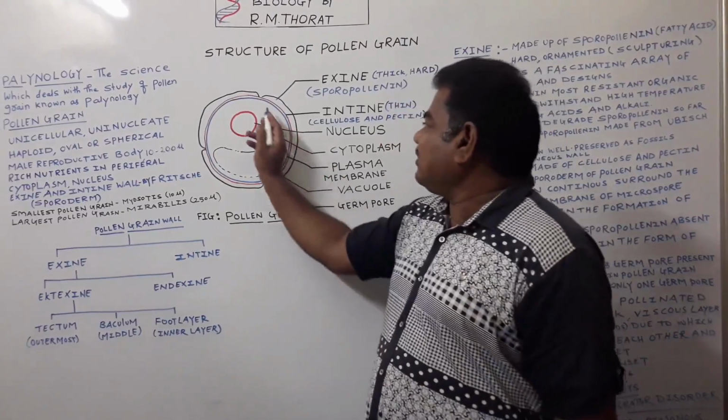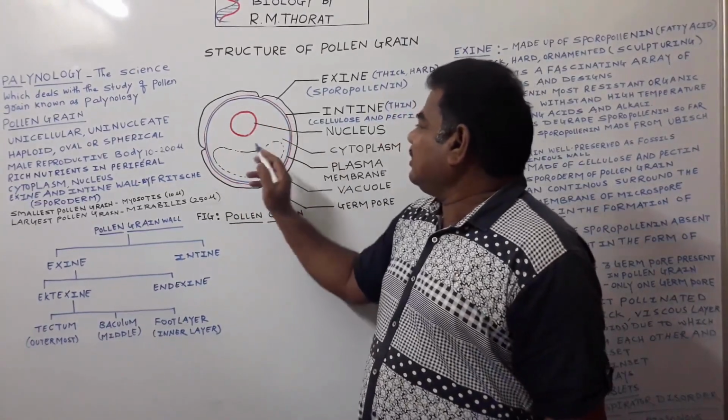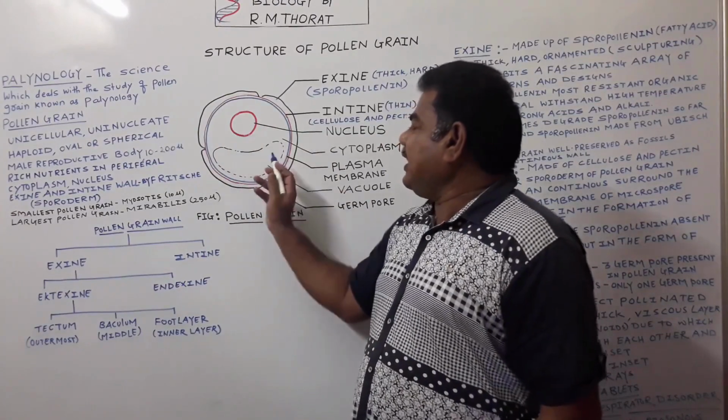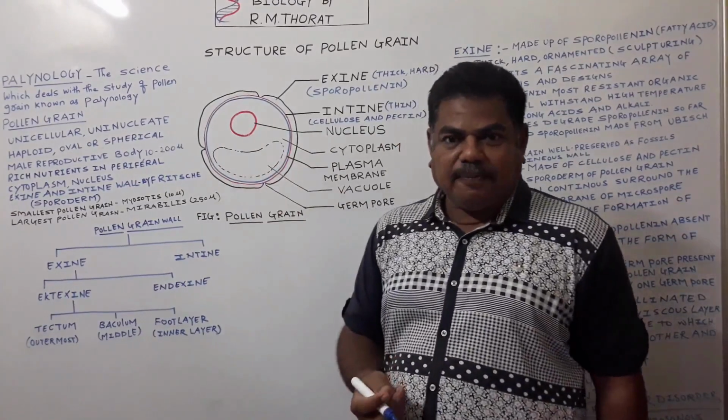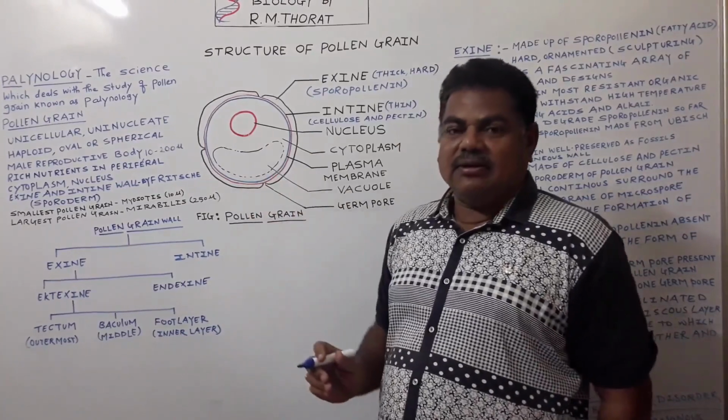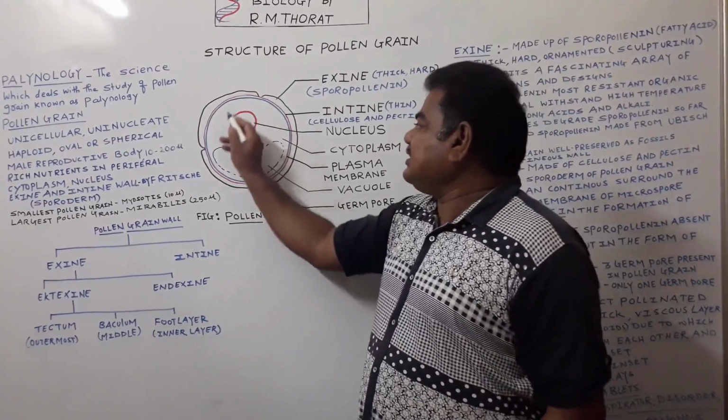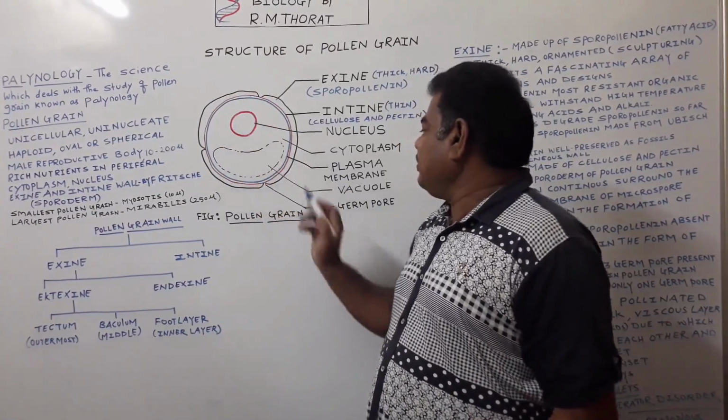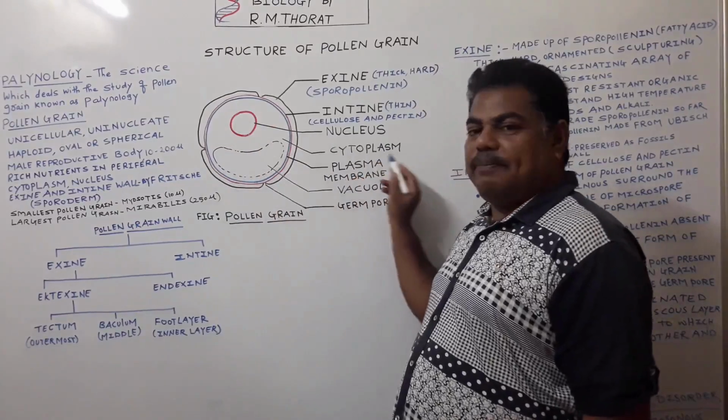Now this pollen grain is nothing but a plant cell. Plant cell means in the cell there is a fluid present. That fluid we call cytoplasm.